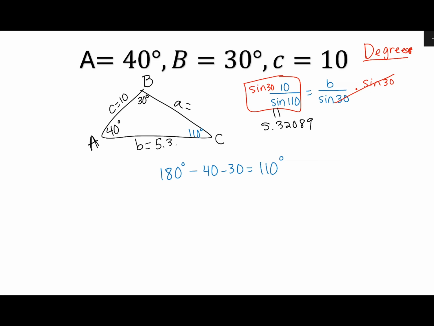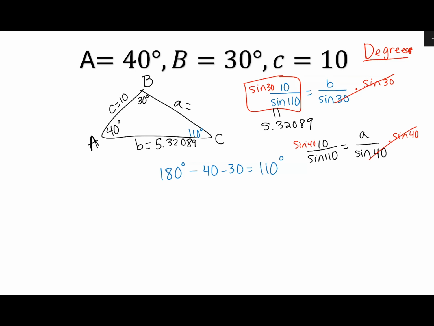Now you can use the law of sines again to find side A. You would just set it up like this: 10 over sine of 110 is equal to side A over sine of angle A, which is 40. And in the same way, multiply both sides by sine 40.